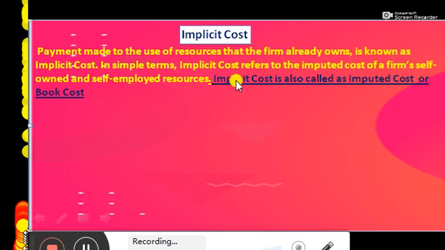So implicit cost is also called imputed cost or book cost.